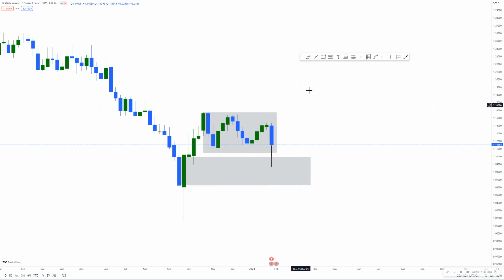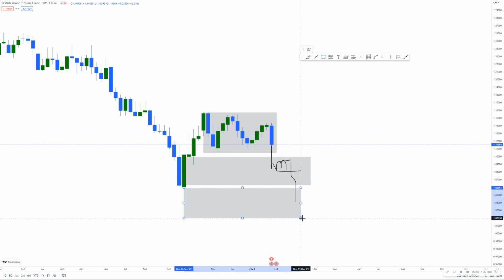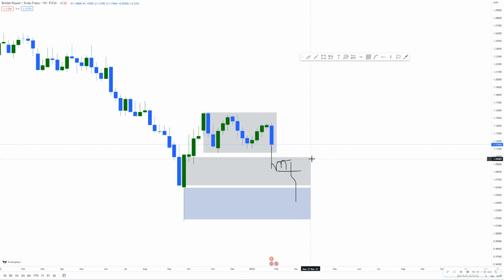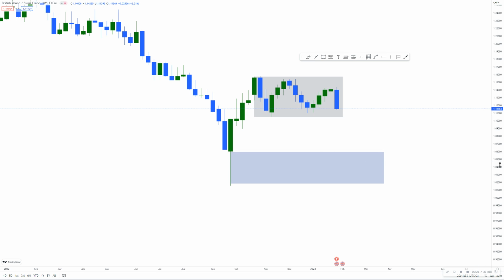Or it could fall even deeper, possibly creating some patterns in this area to go and fill in a bit of this tail. You can look at this monthly tail right here. So that's what the weekly is giving us.